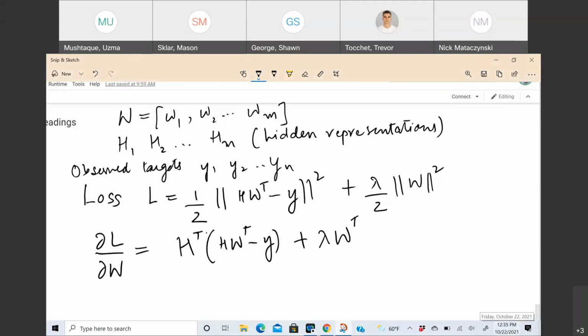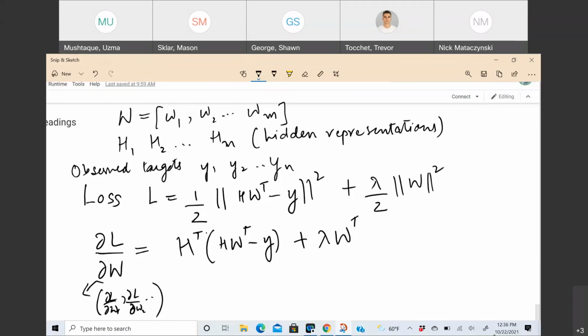Once I find the gradient and set it equal to 0, I get the equation where I can get my weights. This has all the partial derivatives, u1 and so on. I'm not expanding that, but that's quite evident.